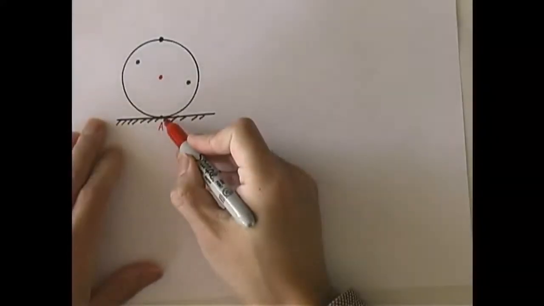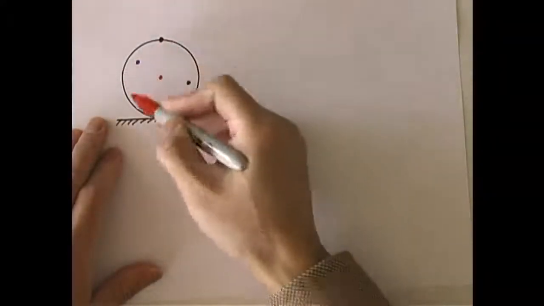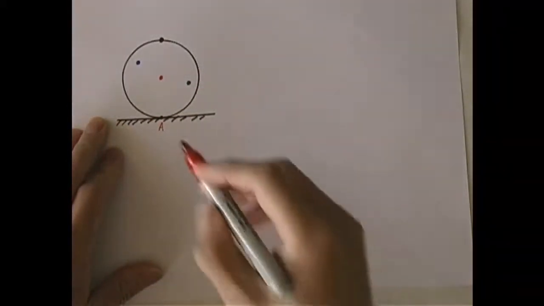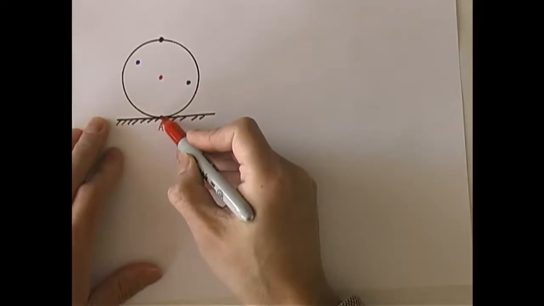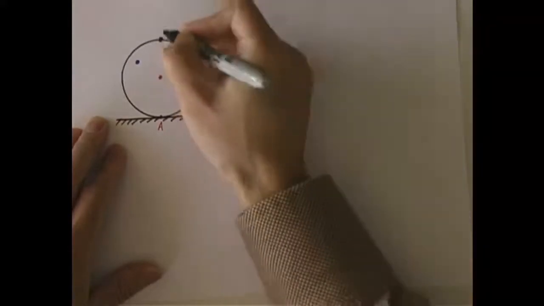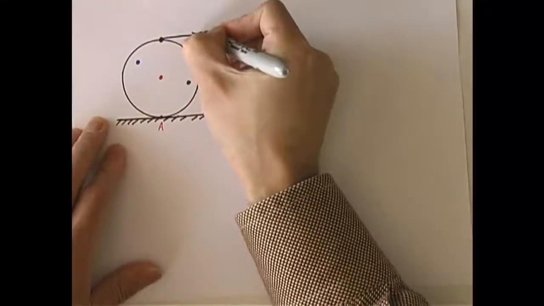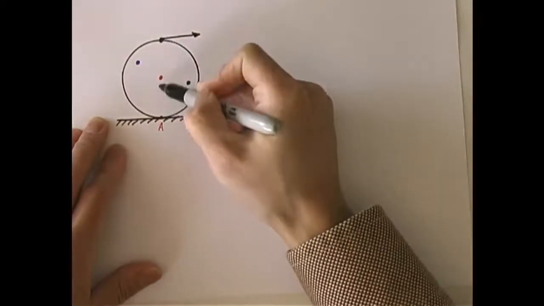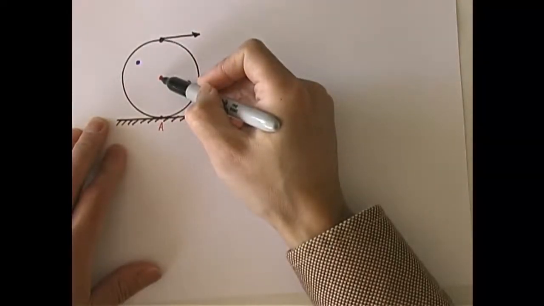Now, in pure rolling, this is point A, the contact point. Every point on that object in pure rolling is momentarily doing a circular motion about point A with various radii. For example, this point at the tip does a circular motion like this. It has twice the distance to point A compared with that point, which is at the center.